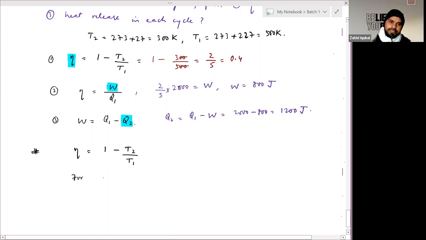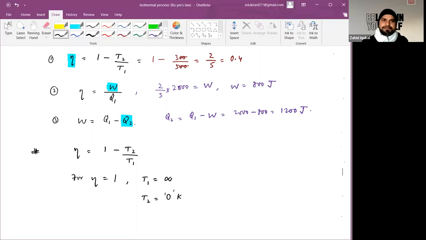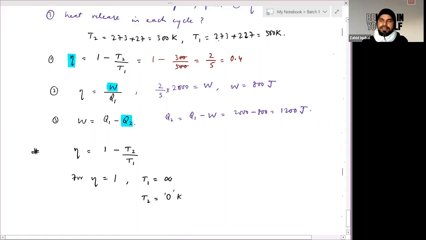So for eta to be 1, T1 should be infinity and T2 should be 0 Kelvin. Whether these two things are possible or not? Can the temperature of source become infinite or not? You'll say never. So first will not be possible.